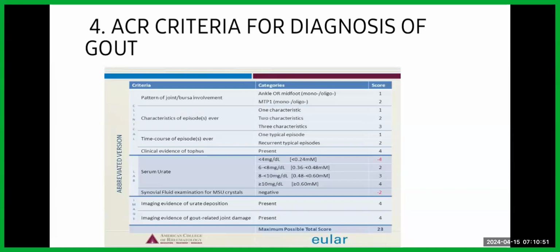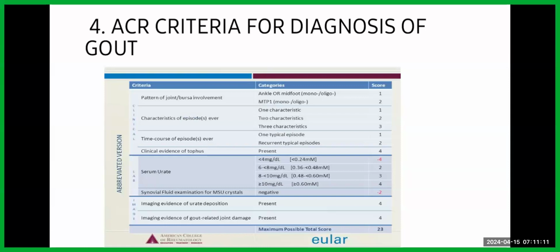So you can see pattern of joint or bursa involvement. They are graded. The ankle or metatarsophalangeal joint of the big toe is given more consideration, with a score of 2 unlike the ankle. That tells us that joint is very useful in diagnosis.